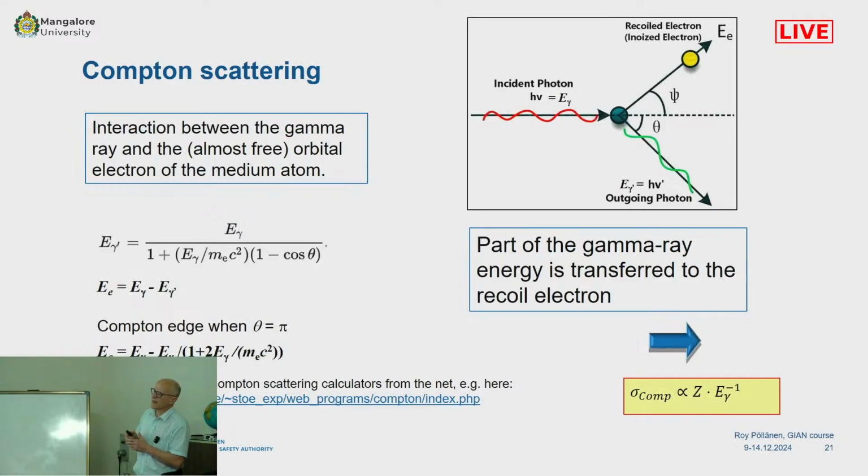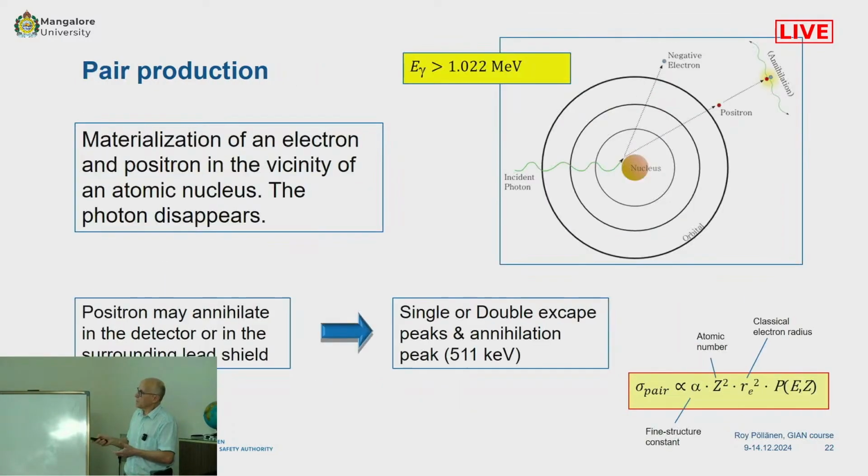So in gamma ray spectrometry for environmental samples, I think this is one of the most important mechanisms. But pair production may also happen in case of high energy gammas.